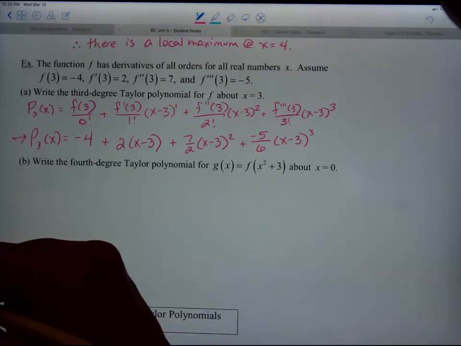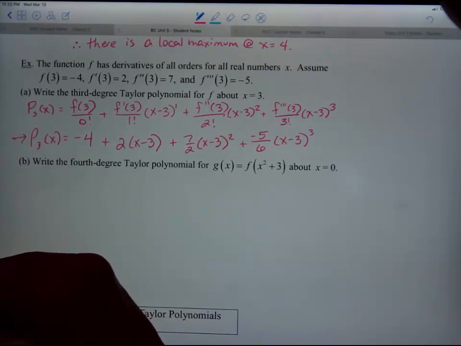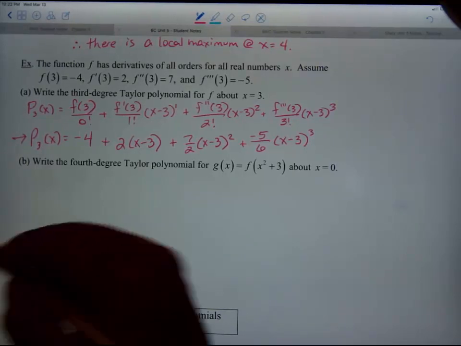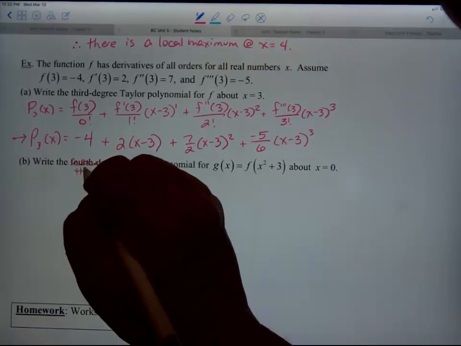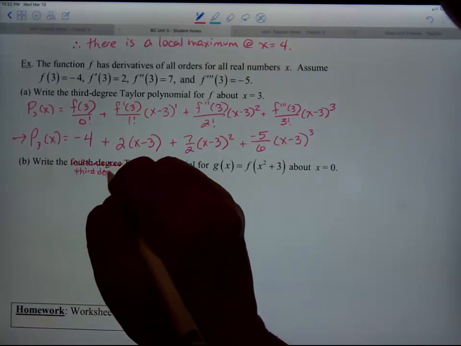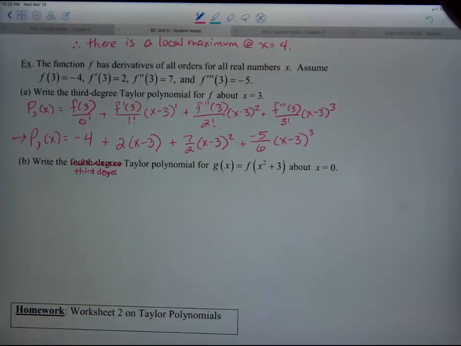Okay? Now, part B is tough. I'm telling you right now. I'm going to simplify it a little bit just to help you out. We're going to do this as a third degree Taylor polynomial, because it gets rather tedious after that point. Okay? So what I want you to do is to do the first line. Now, in this case, we need to write the first line. It's very important that we do.